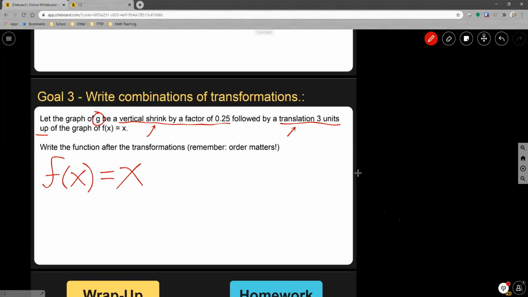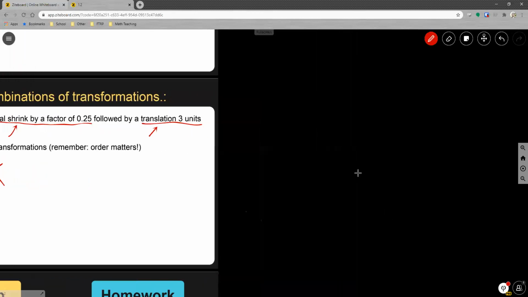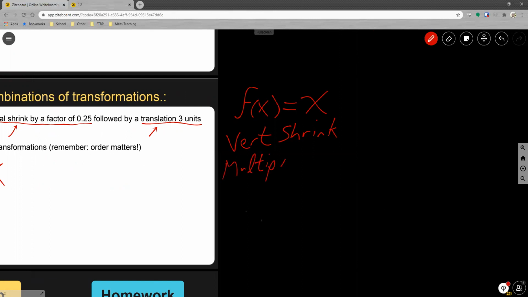Well, if I want to do a vertical shrink, again, that's multiply by the value.